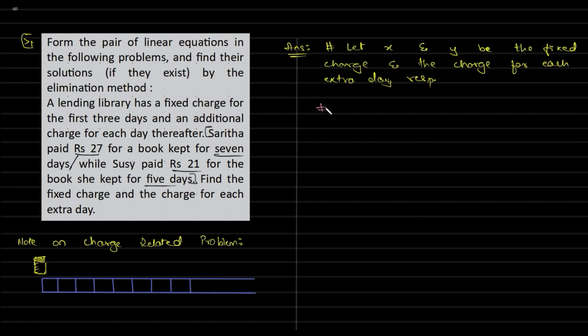We need to be careful with this. X is for the fixed charge, that is, for the first 3 days the amount is fixed and that is X. After that, each day you are charging Y, Y, Y, and so on.